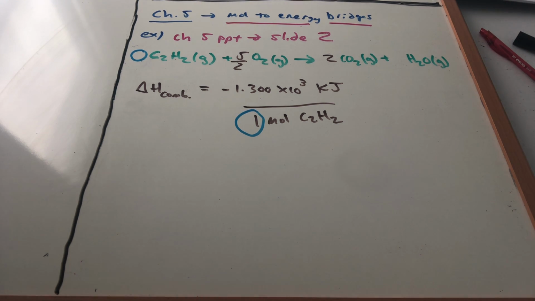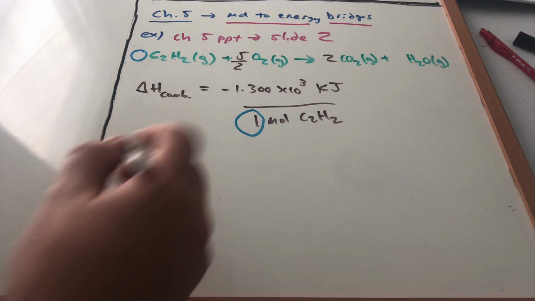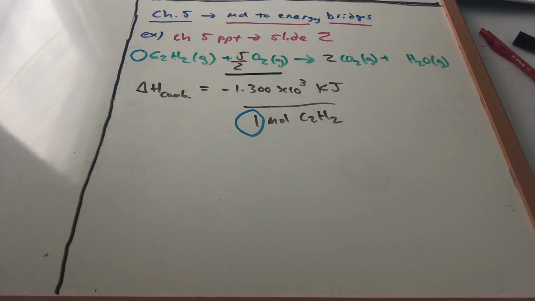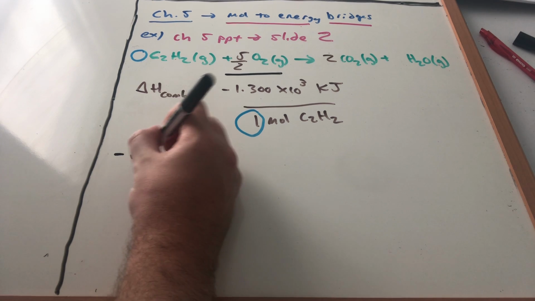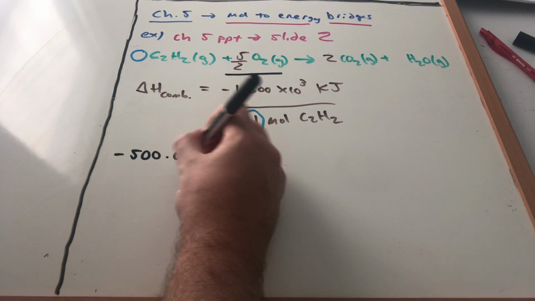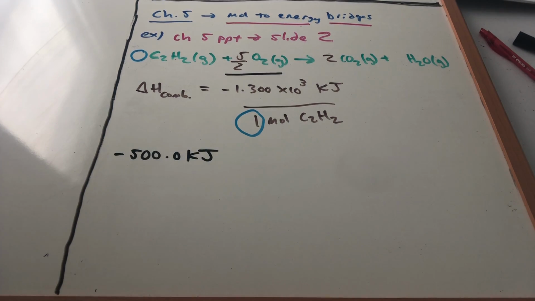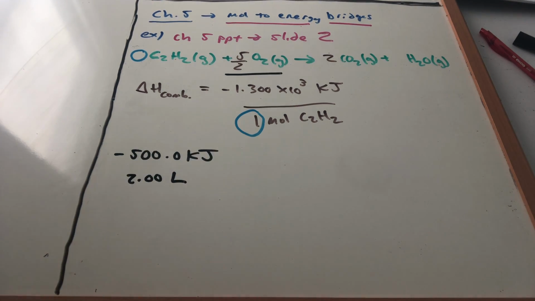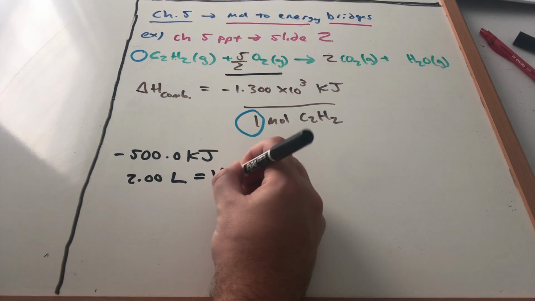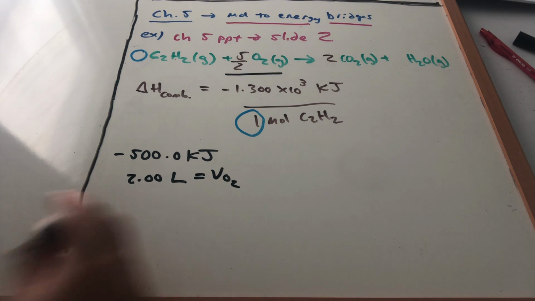All right? And what we're given is, we run this reaction, and we're asked to analyze oxygen and focus there. We run this reaction and we generate 500.0 kilojoules of energy. Then we measure some information about oxygen. We measure 2.00 liters of volume, which I'll label as V of oxygen.